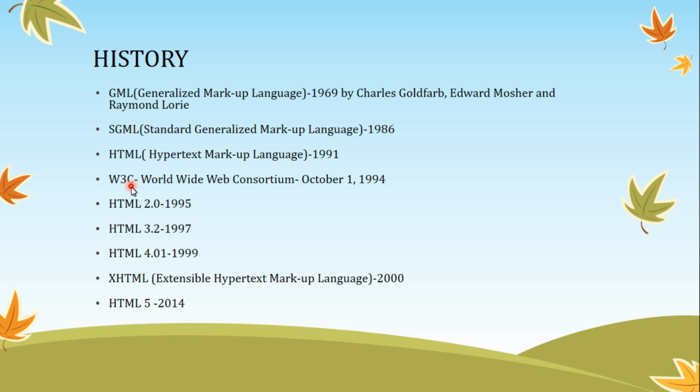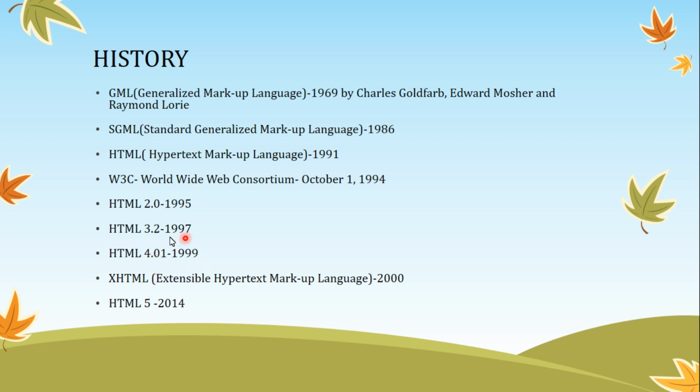After that came the second version, HTML 2.0, in 1995 with some updates. Then came HTML 3.2, then HTML 4.0.1 in 1999, after which HTML took off.